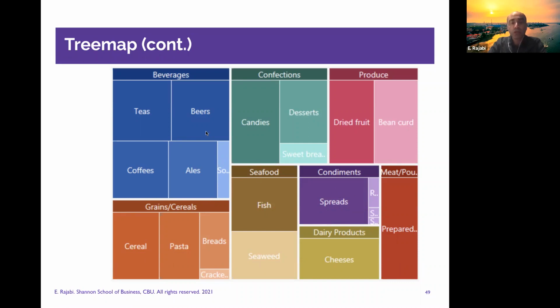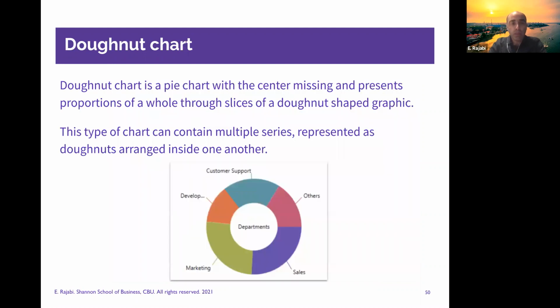So that's why you should use a tree map in a way that you show a limited number of categories, or you want to highlight a limited number of categories.